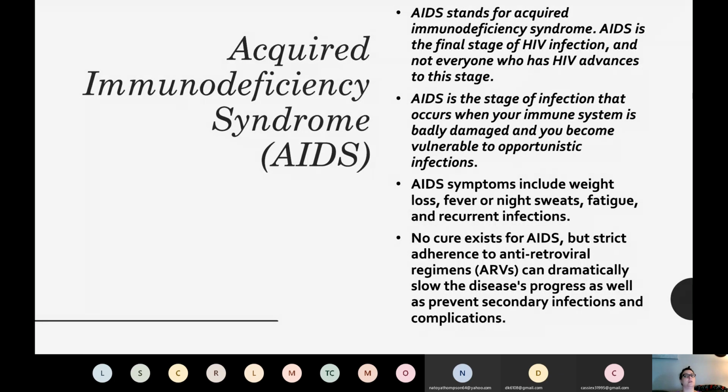But then we learned, no, AIDS is actually that point once HIV has destroyed all of the T cells. There's a tiny little process, and that's called arcing. And you've actually gone from HIV to now you have AIDS. And that's acquired immunodeficiency syndrome. And AIDS is its advanced stage.